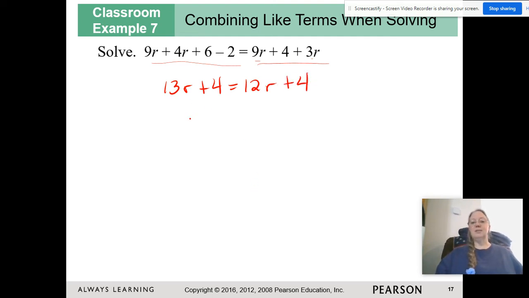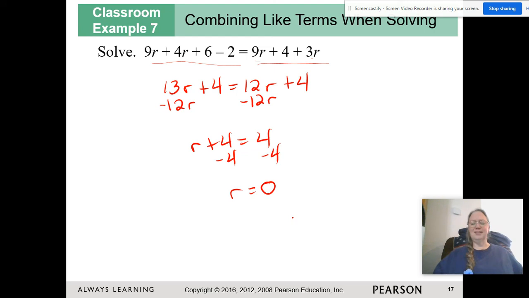And once I get to this point where I've simplified the left side and the right side, that's when I'm going to get the variable on the same side. So subtract the 12, because 13 is bigger, and subtract 4, and we get r is equal to 0.